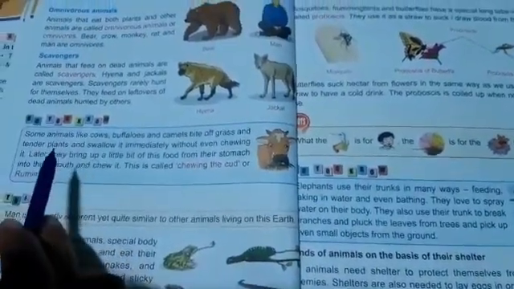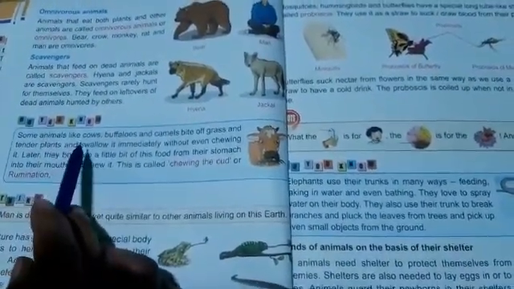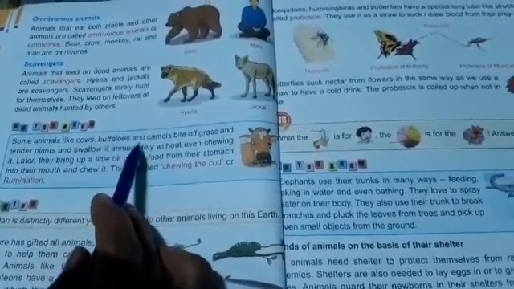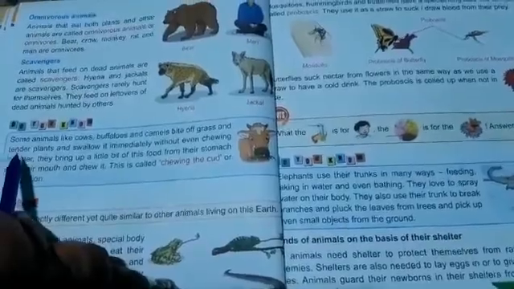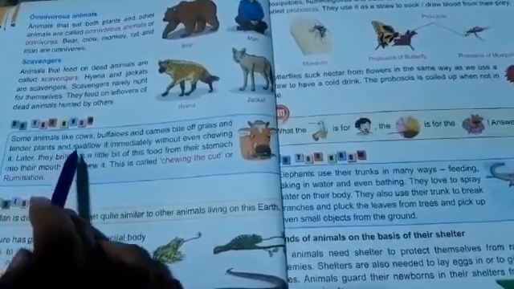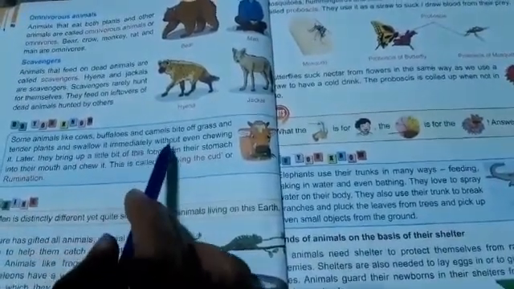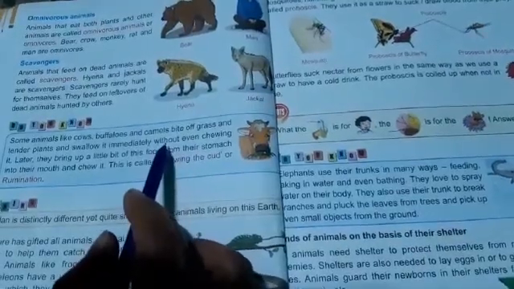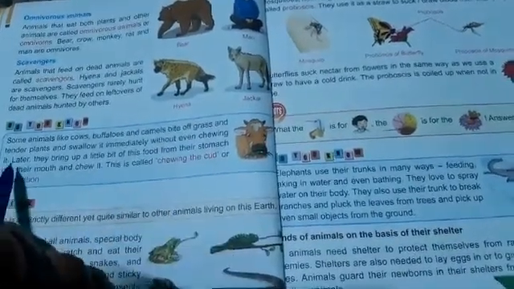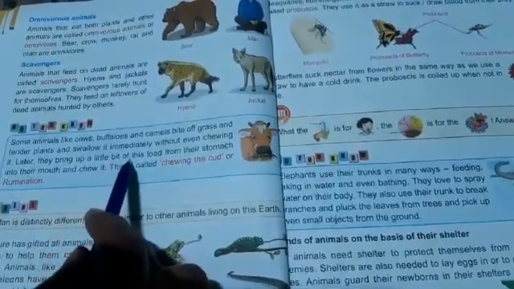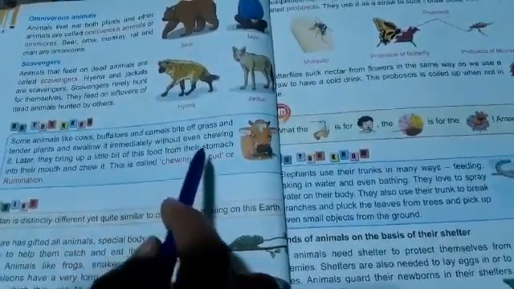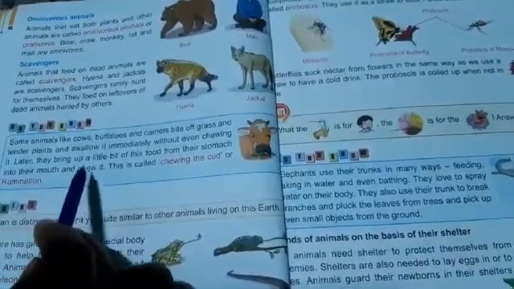Some animals like cows, buffaloes, and camels bite off grass and tender plants and swallow it immediately without even chewing. Later, in resting time, they bring up a little bite of this food from their stomach into their mouth and chew it.